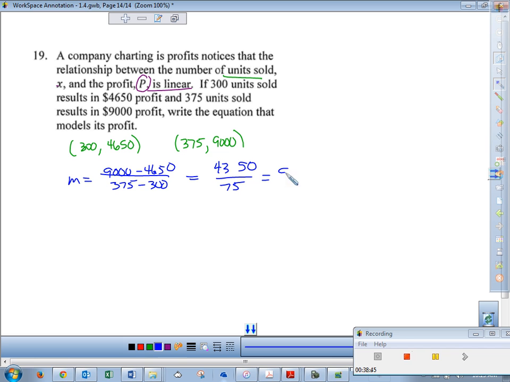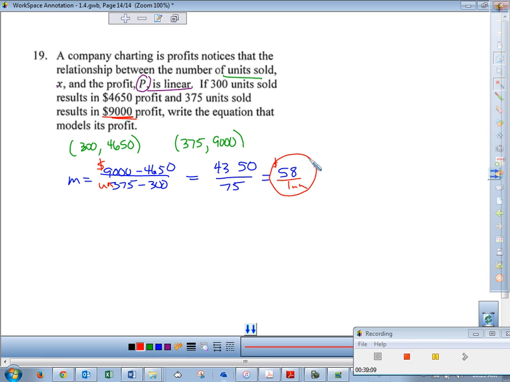That comes out to be 58. If you really, really think about it and you want to know what that 58 means, these are your Y values, which is in dollars, correct? Isn't that what Y values are in? And this is in the number of units. So they're making $58 per 1 unit, correct? That's what their profit is right there, $58 per unit sold.